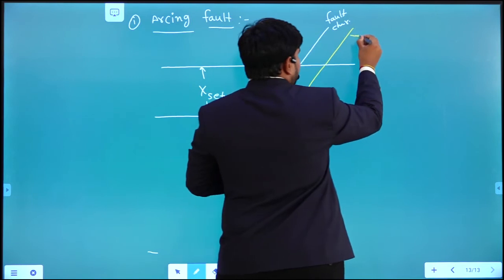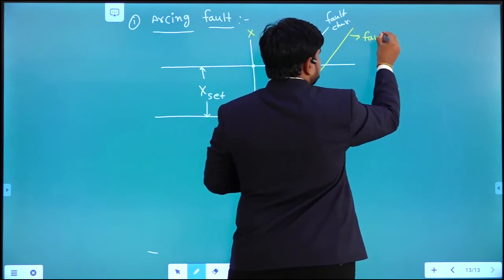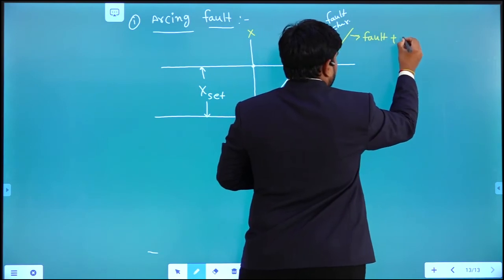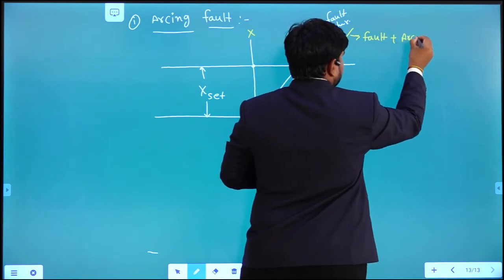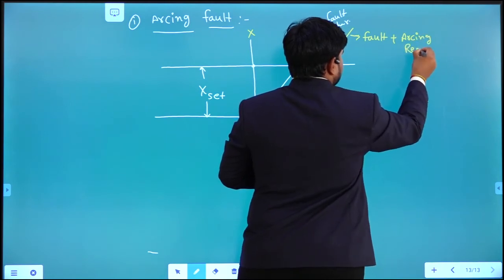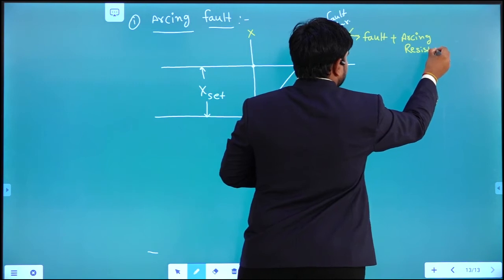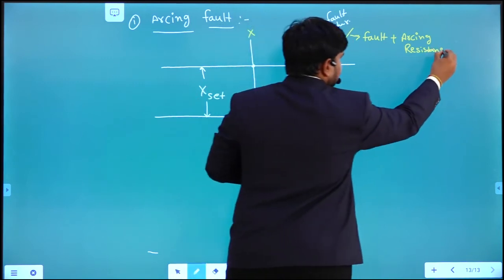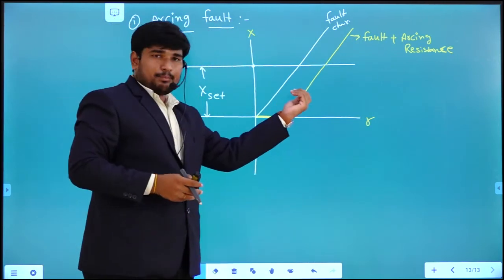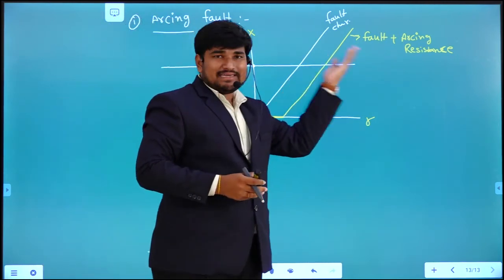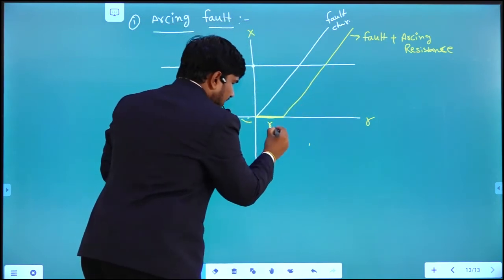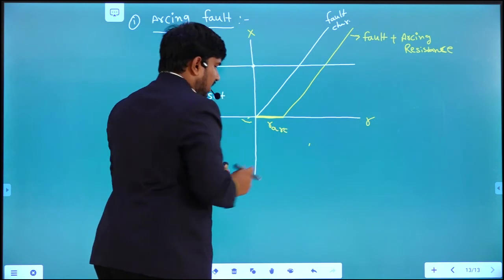So this is the fault plus arcing resistance. This is the plot of fault characteristics along with arcing resistance, with a value of R arc.